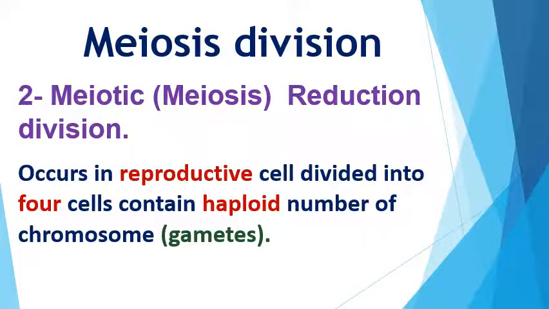So let's get to know what's meant by meiosis division. What is the definition of meiosis division? It is a type of division that occurs in reproductive cells, by which each cell divides into four new cells. Each one contains the haploid number of chromosomes.